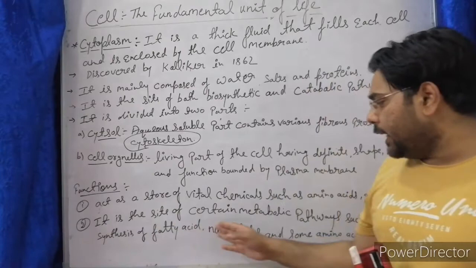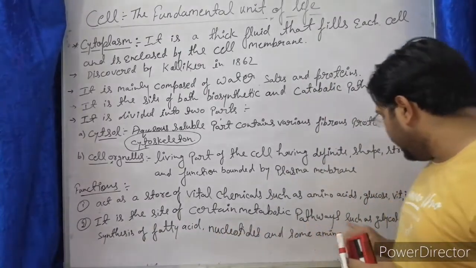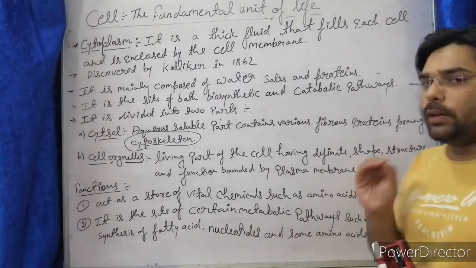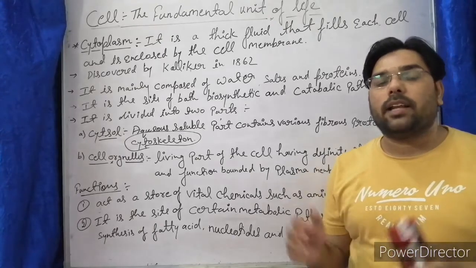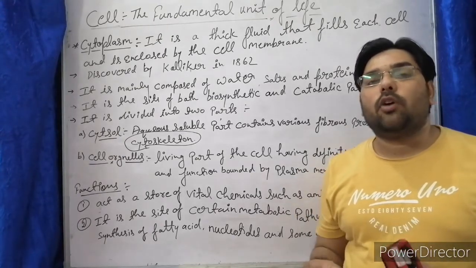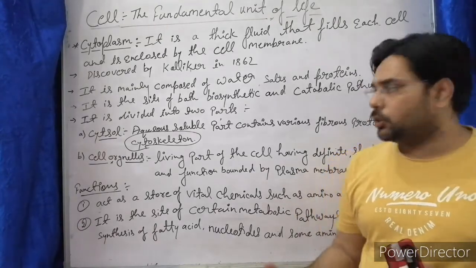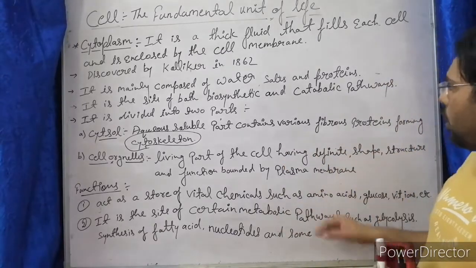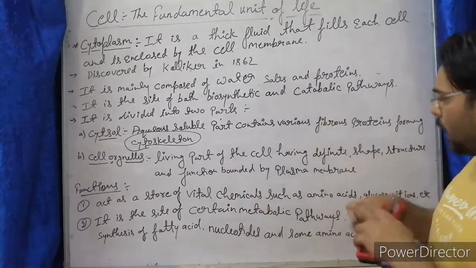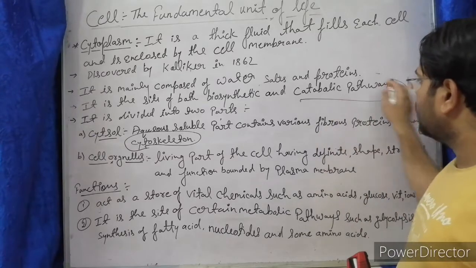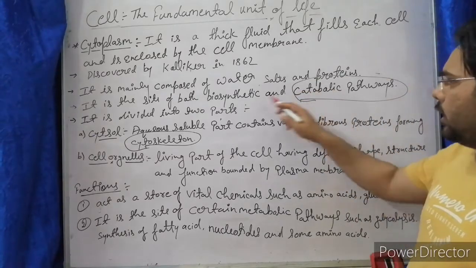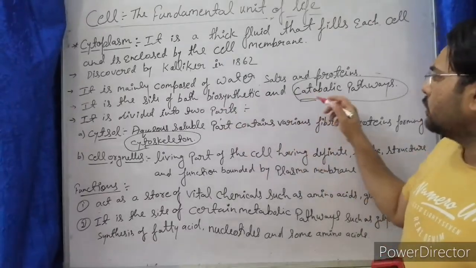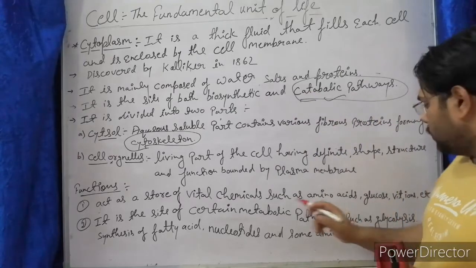So it is the site of certain metabolic pathways such as glycolysis. What is glycolysis, students? Glycolysis means the breakdown of glucose into pyruvate. So we can say that it is a catabolic pathway. We have discussed that cytoplasm is also the site of catabolic pathways.